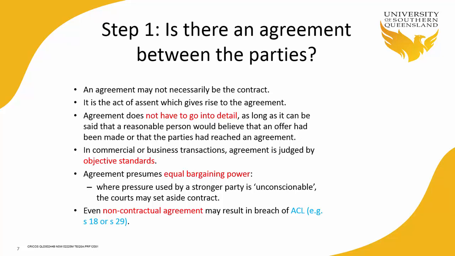Or sometimes because there's pressure used by a stronger party, that makes, of course, this unconscionable behavior, an unconscionable agreement, and the contract would be set aside. So there is actually the possibility that you wouldn't have to perform your part of that contract because the way that the agreement was obtained was unconscionable, so basically unfair in that sense.